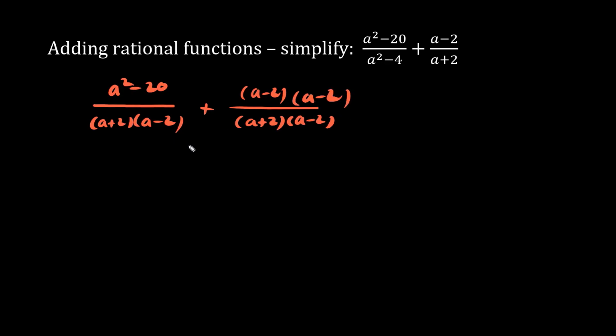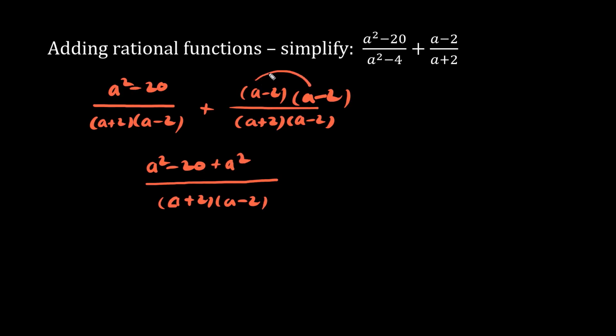Now that we have the same bottom, the LCM, we can combine into one term. We have a plus 2, a minus 2 on the bottom, and we copy the top, which is a squared minus 20, and we can use distribution, plus a squared, and we have minus 2a is minus 4a, and negative 2 times negative 2 is positive 4.